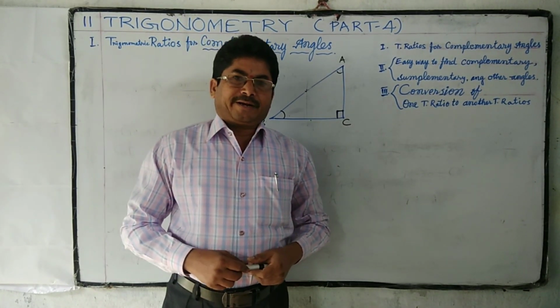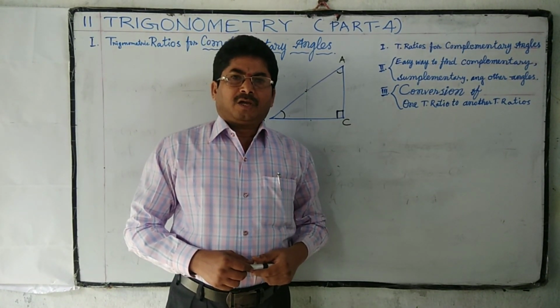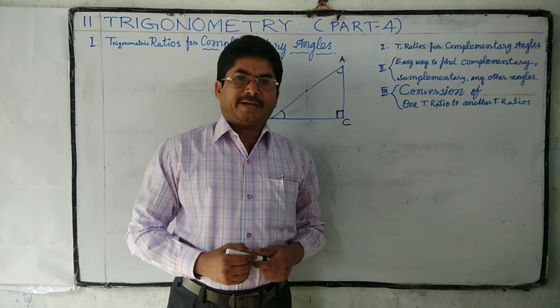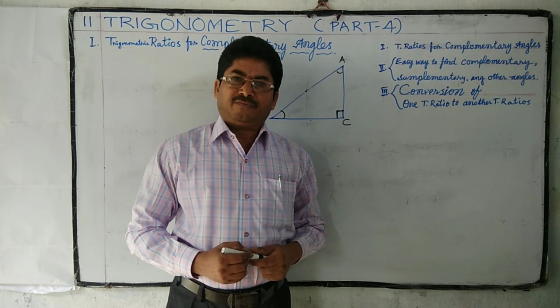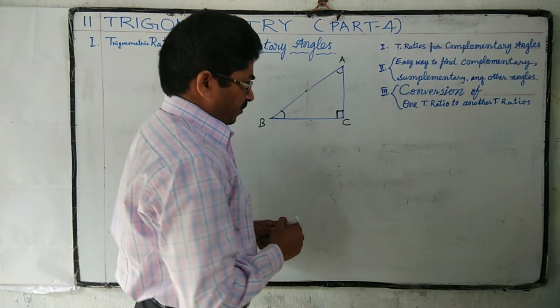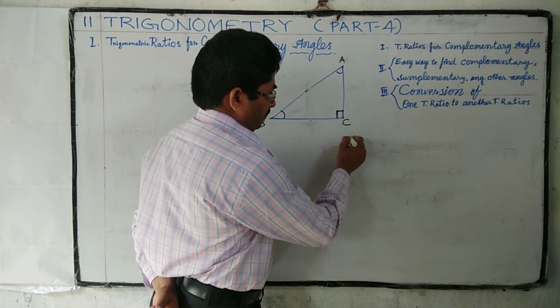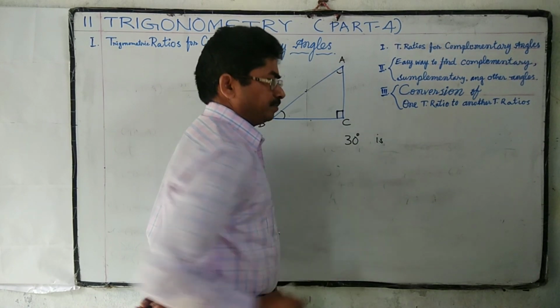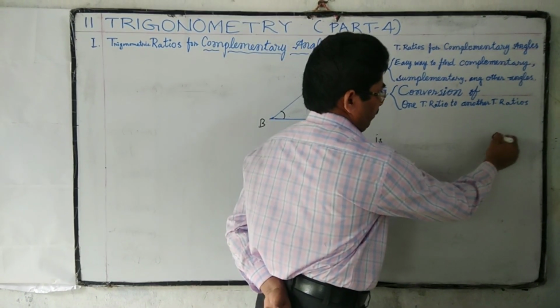What are complementary angles? If the sum of two angles is 90 degrees, then the angles are called complementary for each other. For example, the complementary of 30 degrees is 60.